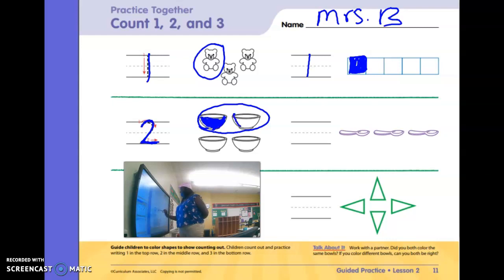So let's see. You can also do like this to try to stay in the lines. What y'all think about that? Is that helping? All right, so we're gonna write 2 again.